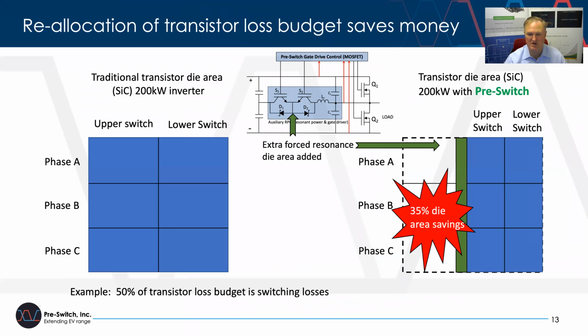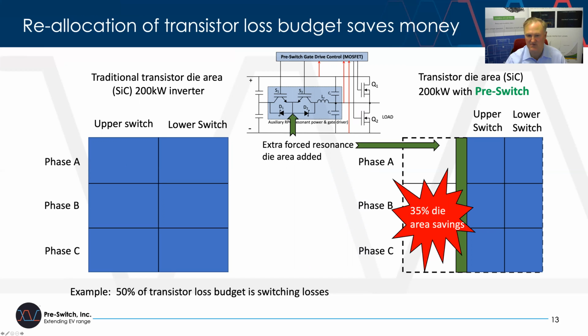Now, this chart is a little bit deceiving, but one of the questions we get is what's the relative size between S1, S2, and Q1 and Q2? What we want to show in this case is that when you look at the silicon required for a 200 kilowatt inverter, the amount of die area required for both half bridges in phases A, B, and C is dramatically reduced for the same efficiency.